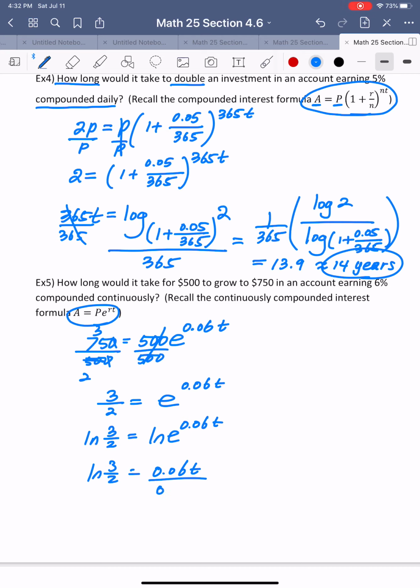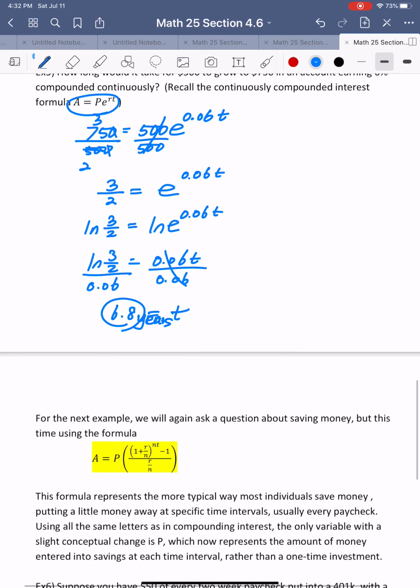And divide by 0.06 both sides. And then that gives us t is ln of 3 over 2 divided by 0.06. I got 6.8, so about 6.8 years, or you can just say about 7 years too.